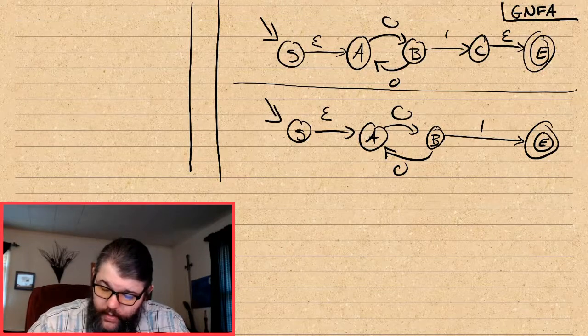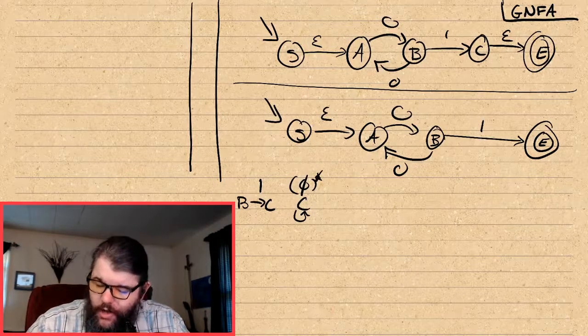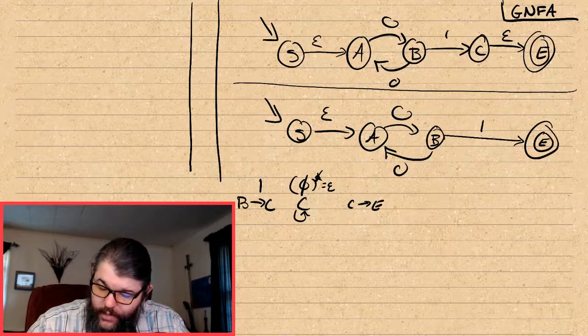So the 1 is the transition from B to C, and then we think about the transition from C to itself, which is null, and we star that. Null star is the same as an empty string because it means we take it 0 times. And then there's a transition from C to E, which is the empty string. And so when we put these three things together, they just give us a 1.